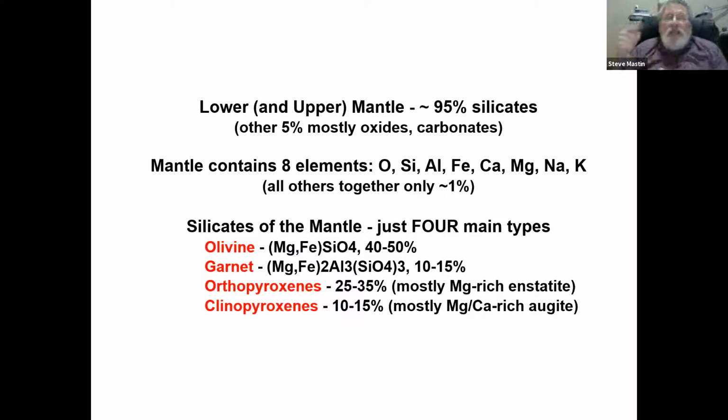And the silicates, even though there's lots of them in the mantle, they're just 4 main types: olivine, garnet, orthopyroxenes, and clinopyroxenes. And the last 2 are sort of generic categories, and the specific in each one is either a magnesium-rich compound called enstatite, which you can actually find as a mineral that can be cut, but it's an ugly brown, so nobody cares.